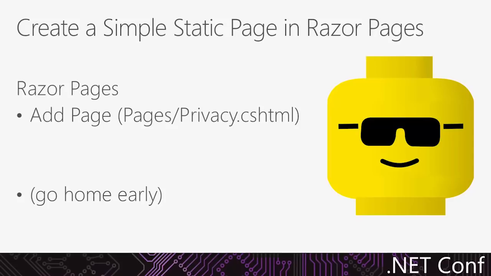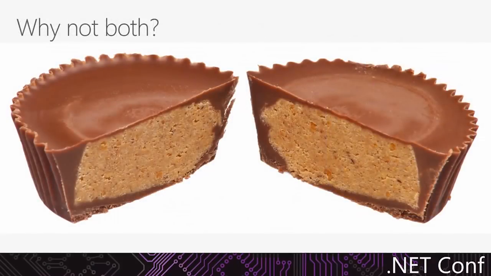Now, the question that some of you are probably wondering is, well, if MVC includes Razor pages, why can't I use both? Maybe I have some complex workflows that I'm happy using MVC for, but I also would like to be able to just add a privacy page and drop that into my pages folder and not have to go through all this rigmarole of creating a separate views folder and a separate view for something that has no logic and just displays content.